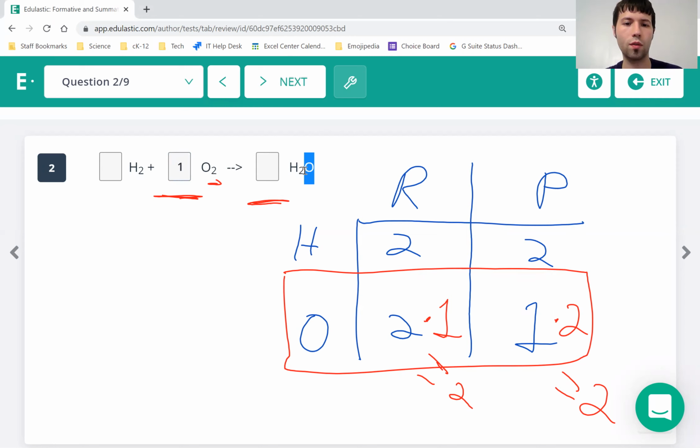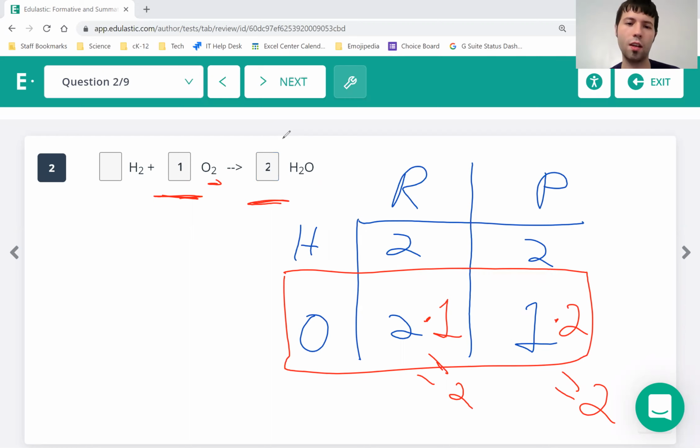If I want 2 oxygens over here, what coefficient do I need to have here in order to have 2 oxygens? Well, I need to put a 2 because there's an understood 1 right here. So don't forget, when you're working with these subscripts, when there are no subscripts, there's an understood 1 at the end of that oxygen. Anyway, so I need to have 2 over here because I need to have 2 oxygens.